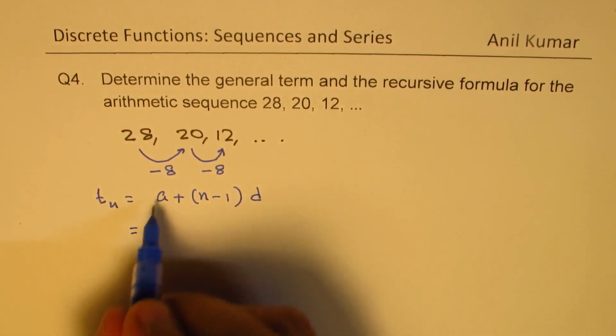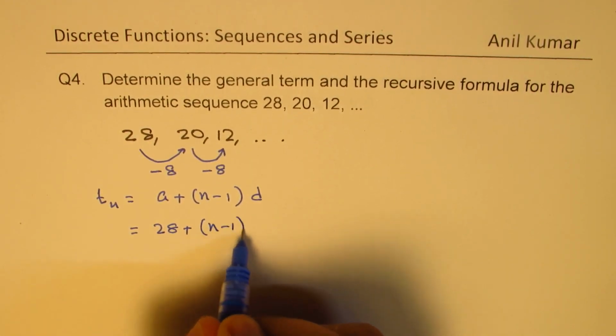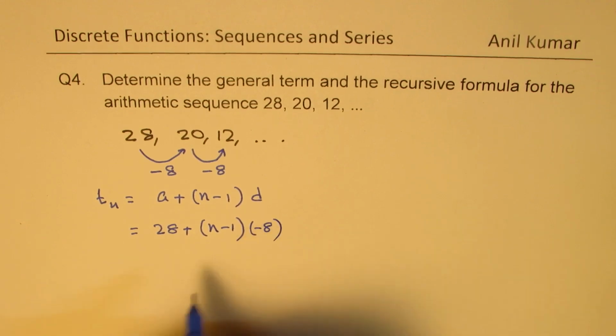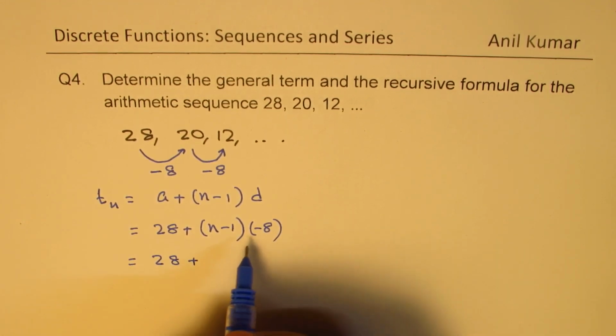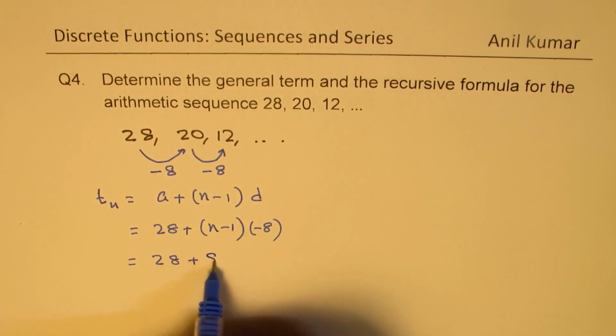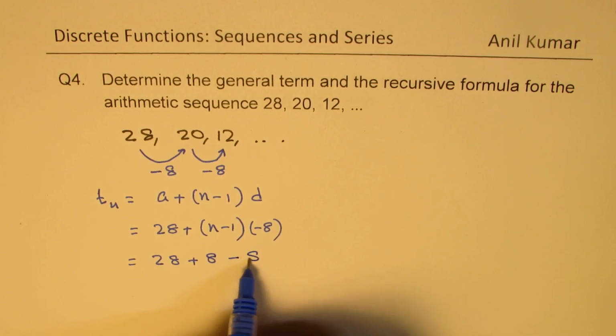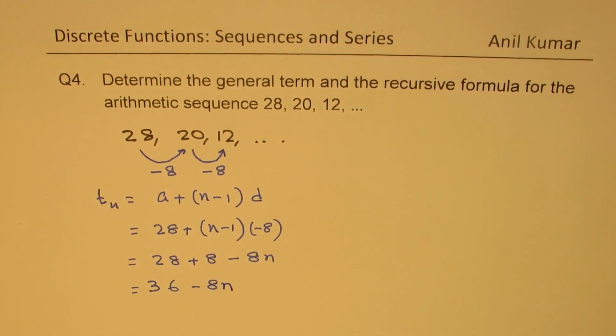In this particular case, a is 28, plus n minus 1, and d is minus 8. So we can now open the bracket. We get 28 plus, let me multiply this number with 8 first, plus 8 and then minus 8n. Adding, 8 plus 28 is 36, so we get 36 minus 8n.